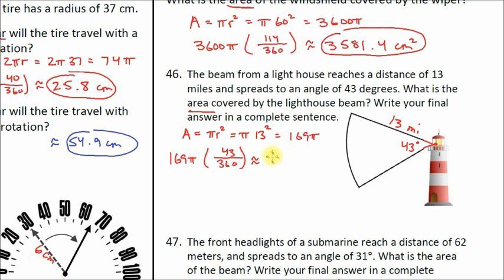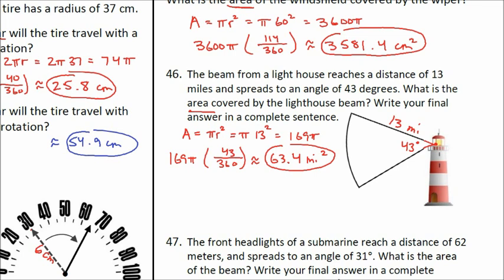And that's going to get us approximately 63.4. And now we have miles squared. You need to write this answer as a complete sentence, class. So you need to write something like, the area covered by the lighthouse beam is approximately 63.4 miles squared. Or you could say square miles.